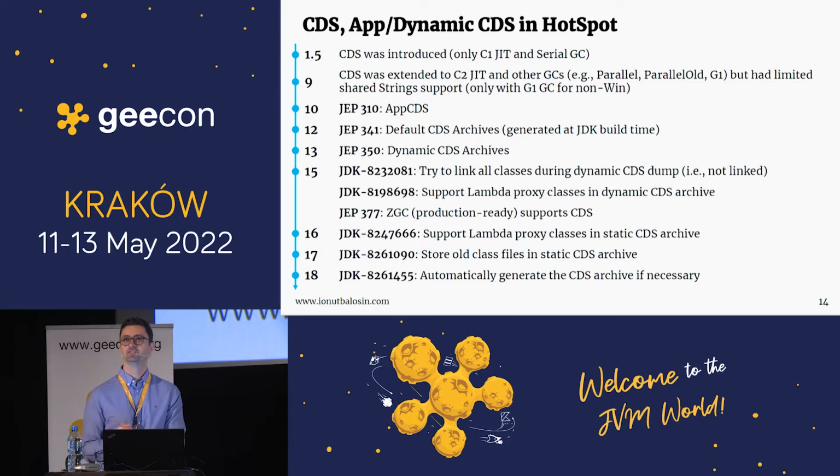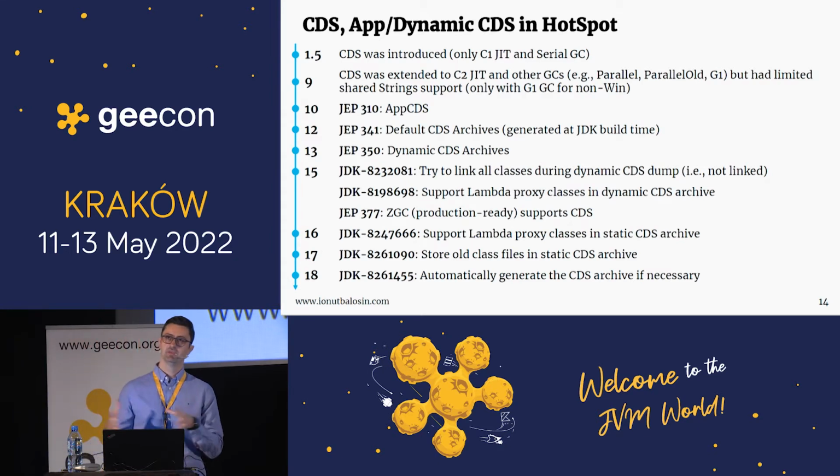in 13, things started to be a bit more interesting and easier for developers, because you create this dynamic archive with less effort, and so on and so forth. One important aspect to mention is lambdas, because in our frameworks today we're using a lot of lambdas.